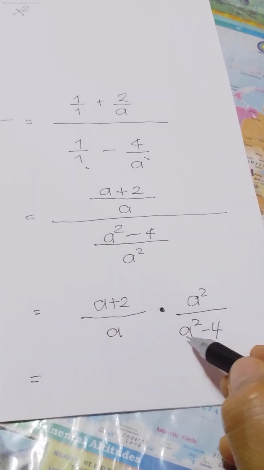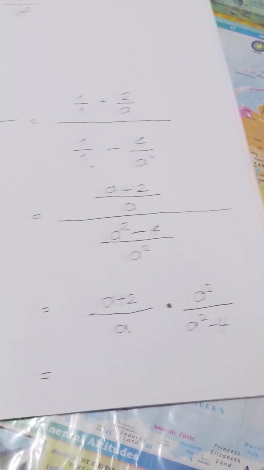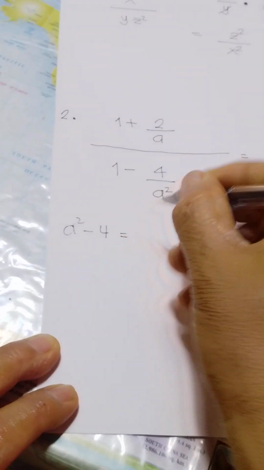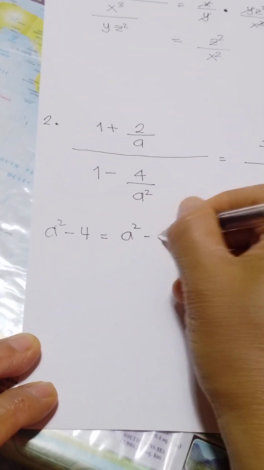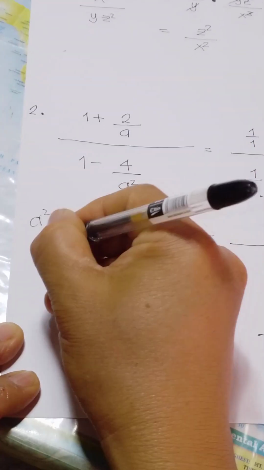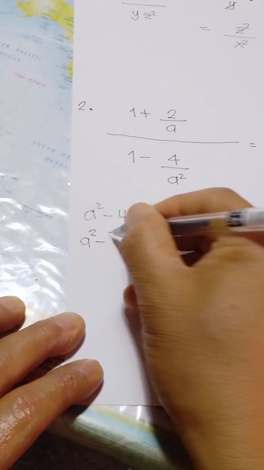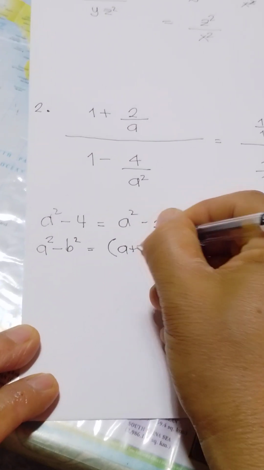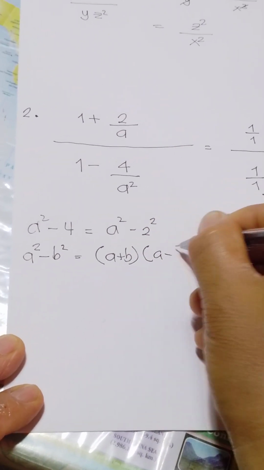Now, a squared minus 4 is a difference of two squares, because a squared minus 4 can be written as a squared minus 2 squared. Take note that the formula is a squared minus b squared equals a plus b times a minus b.